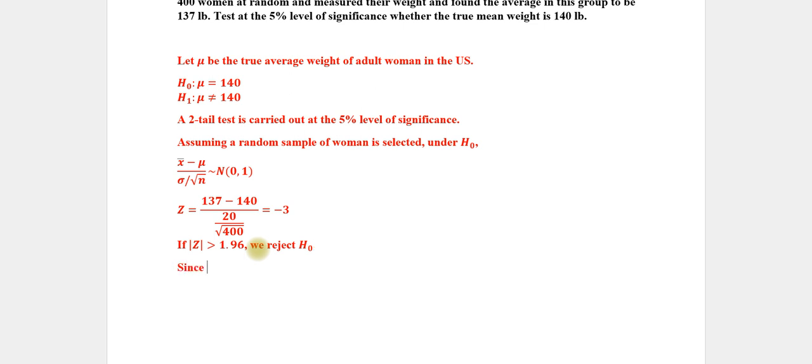And then we do the conclusion. Since the modulus of z is equal to what? Modulus z equal to 3, because we have z is negative 3. So the modulus of negative 3 is 3. And 3 is what? Does it go according to this statement?